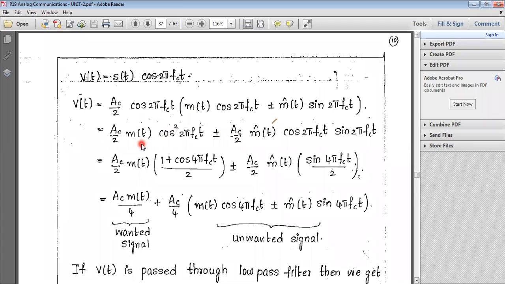From that we have Ac by 2 m of t cos square 2 pi fct, multiplied with the first parameter, plus or minus Ac by 2 m cap of t cos 2 pi fct into sin 2 pi fct.